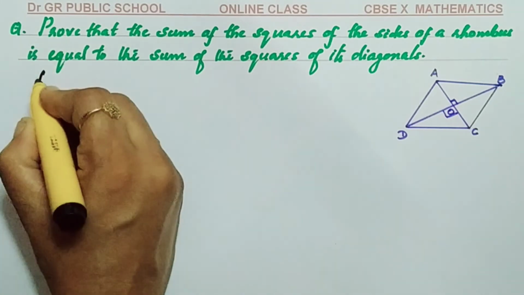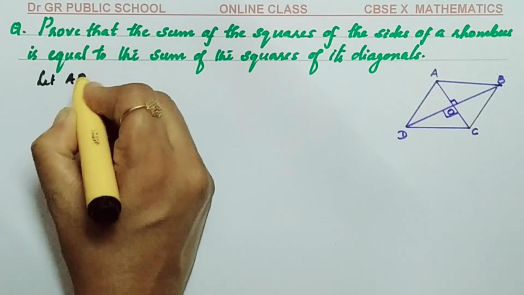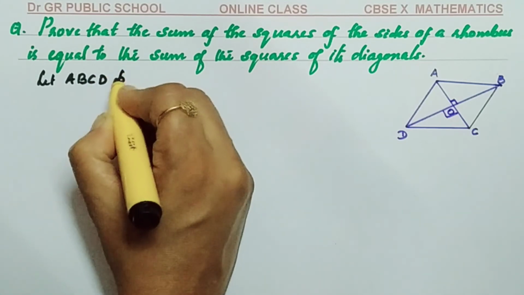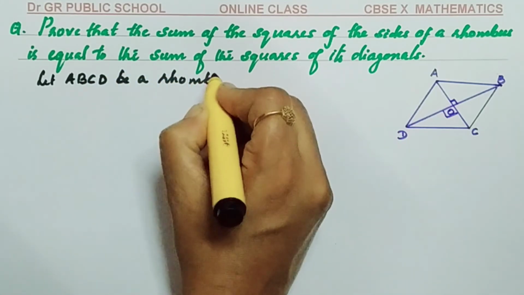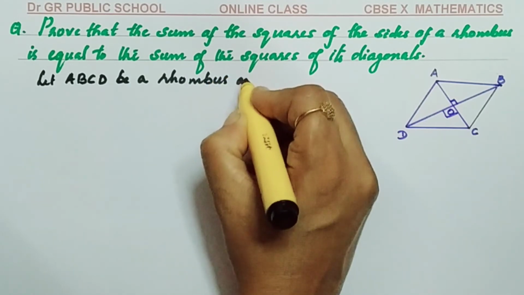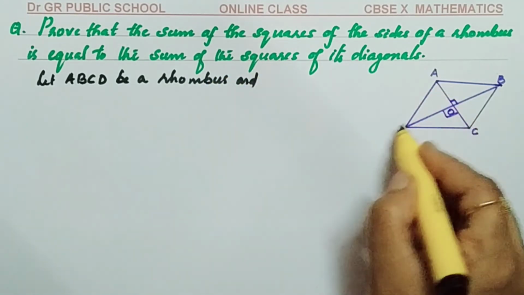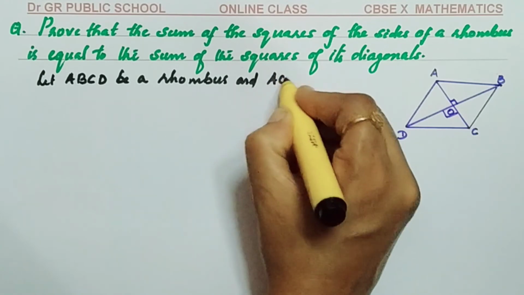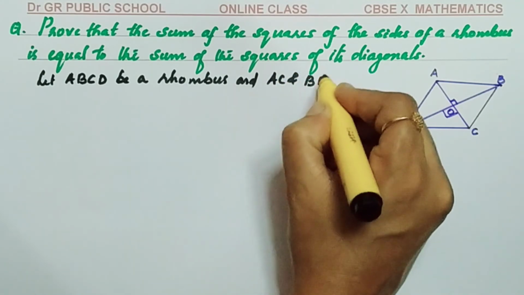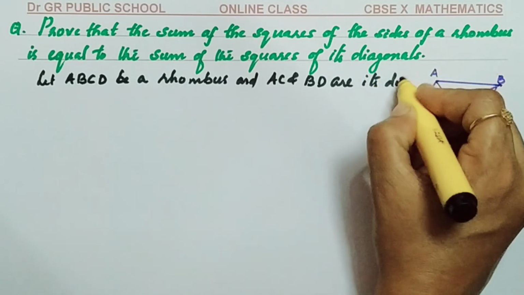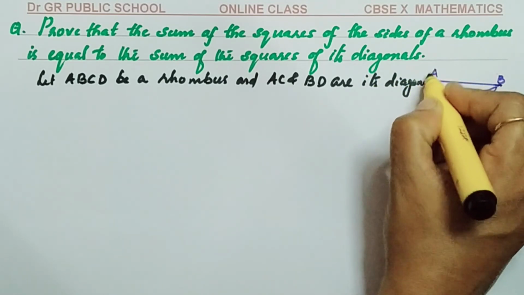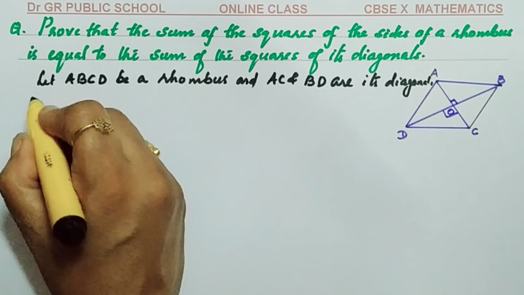Let ABCD be a rhombus, and AC and BD are its diagonals. What we want to prove? We need to prove that.